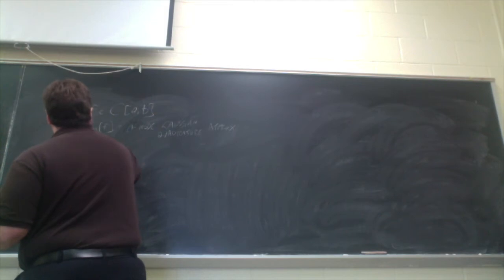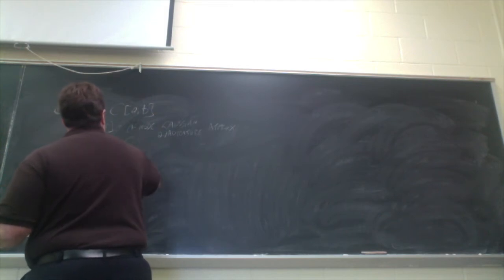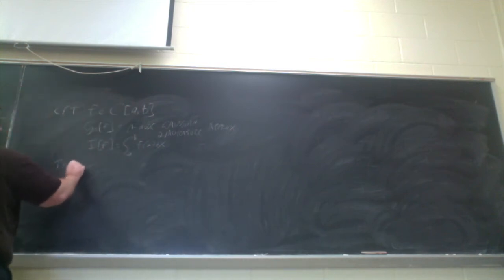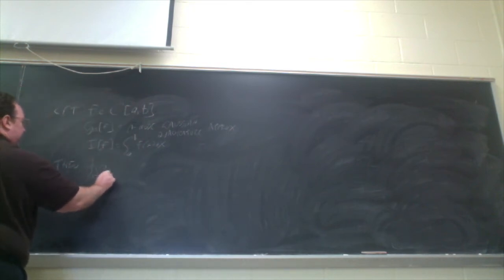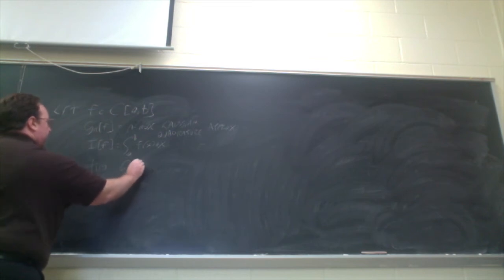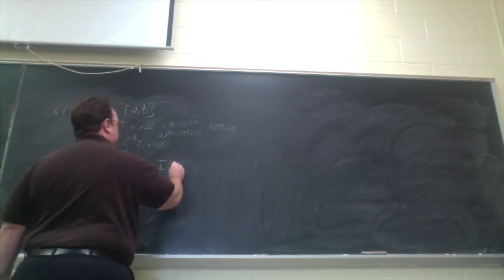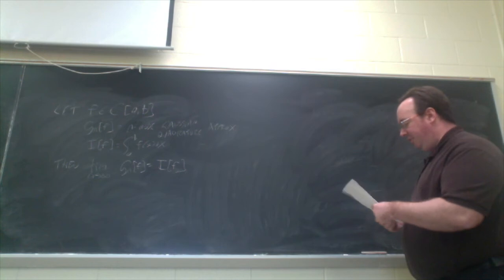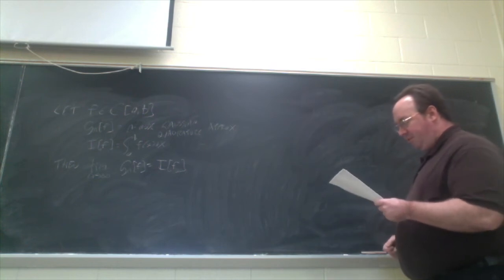And as before, I of f is the exact integral of f. So what I'm going to prove is that the limit as n goes to infinity of the Gaussian quadrature approximation is the exact integral. Like I said last time, this does not hold, for instance, for n-node Newton-Cotes approximations because the weights get all screwy. But for Gaussian quadrature, the positive weights make it converge.